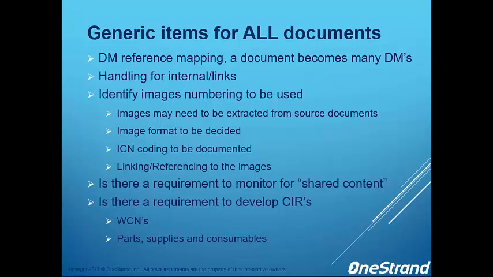The linking to external, there's two types of external documents that we're really talking about here. Firstly, external links to other data modules. So think of it in your existing documentation of referring from one chapter to another chapter. You're now going to do the reference from one data module to another data module, or you could be referencing off to a technical publication.